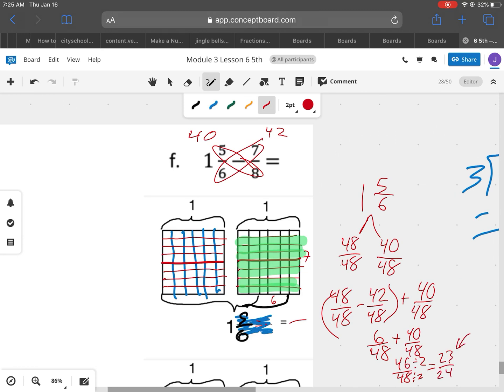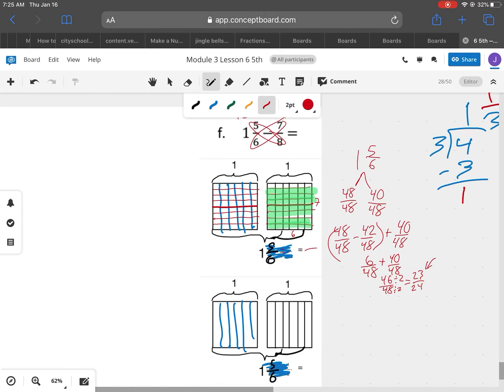If you can't get to this, that's okay. Right now, this is using larger units. I just know that I can divide by 2 because they're both even numbers. Even numbers can be divided by 2. The 46 and the 48 are even numbers, so you can divide by 2. Okay, so that's method number 1.